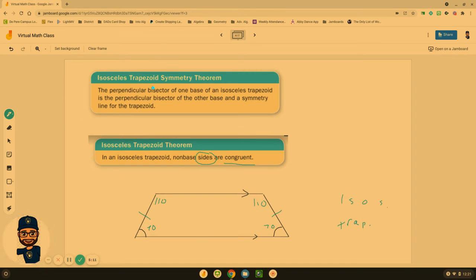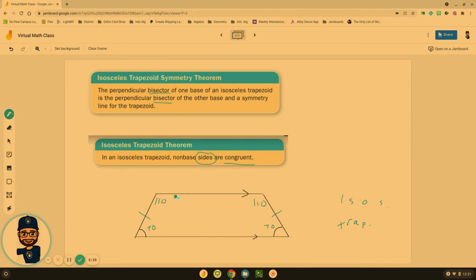The other unique part about an isosceles trapezoid is that it has some symmetry. Regular trapezoids typically don't have any symmetry, but an isosceles one does. It's the perpendicular bisector of one base to the perpendicular bisector of the other. Bisector means it cuts it in half.